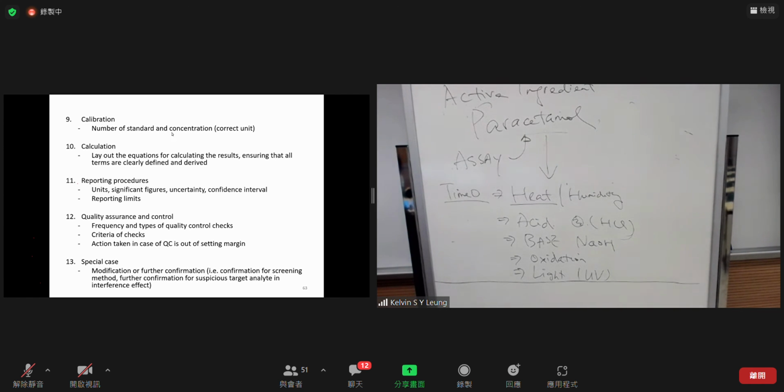Any calibration, what's the number of calibration points? As I've mentioned, in some industries, if they just have the target concentration, some of them will use one-point calibration for routine purposes. But you have to justify whether it is appropriate for your case or not. But remember, in the method validation, the calibration curve needs to be studied.